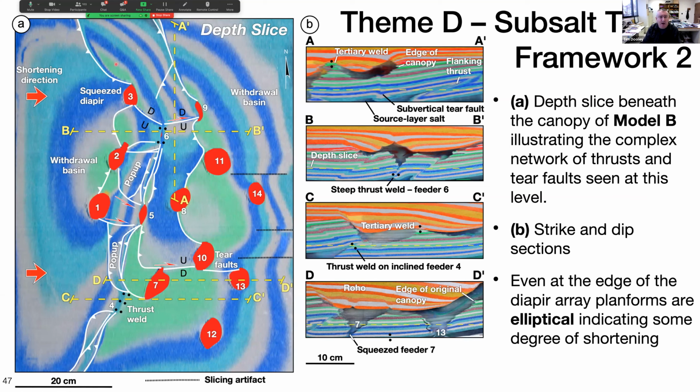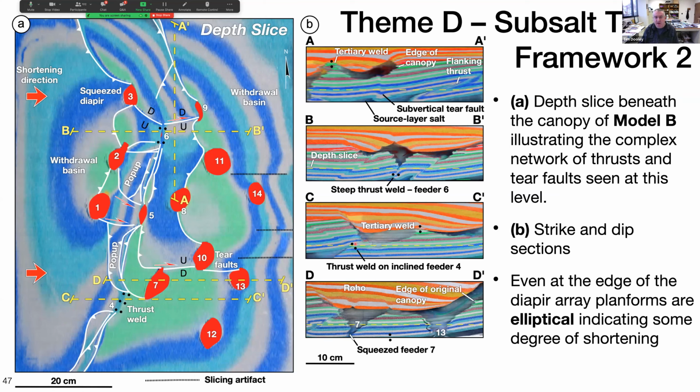So A prime here, we end up through subvertical tear faults here, and then outwards into the edge here, and then B prime we end up through feeder 6 here, which is a steep thrust weld here.